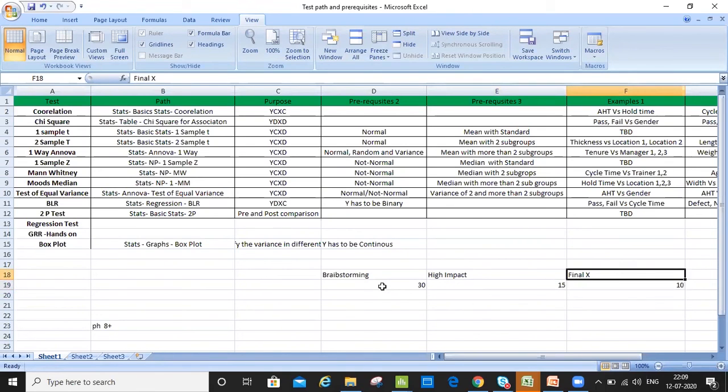Okay. And you've done the analysis on these 10 X's also by doing the root cause analysis. And you've concluded that these are the 10 final X's, or you can say confirmed X's, which I will have to work on to improve my project Y.